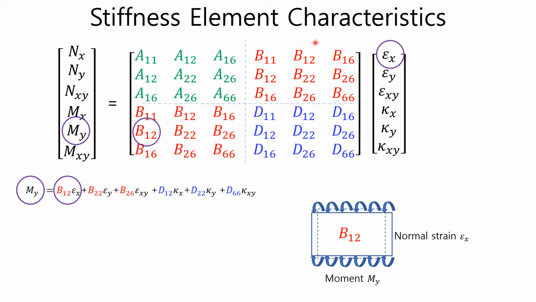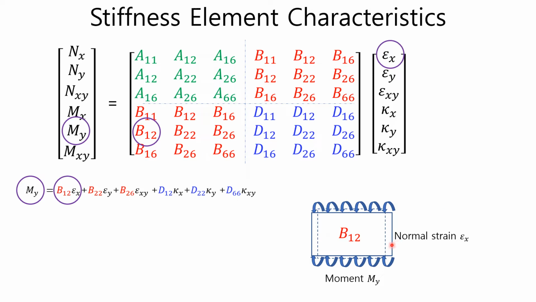Here we have another example. What is the role of another B12? Full description of moment my can be expressed as shown here in this equation. Therefore, we know that B12 links strain epsilon x to moment my. This can be described as in this picture.